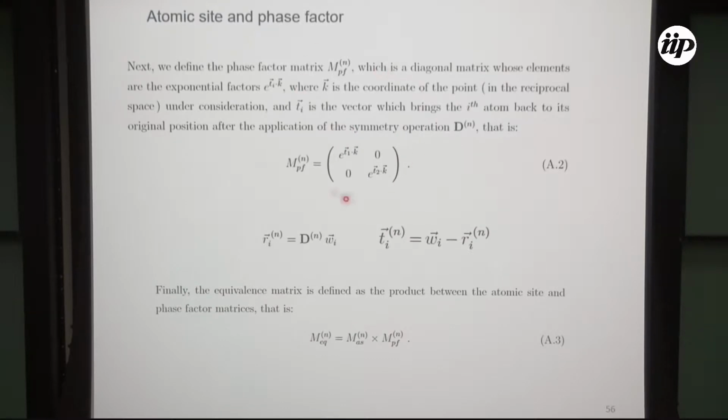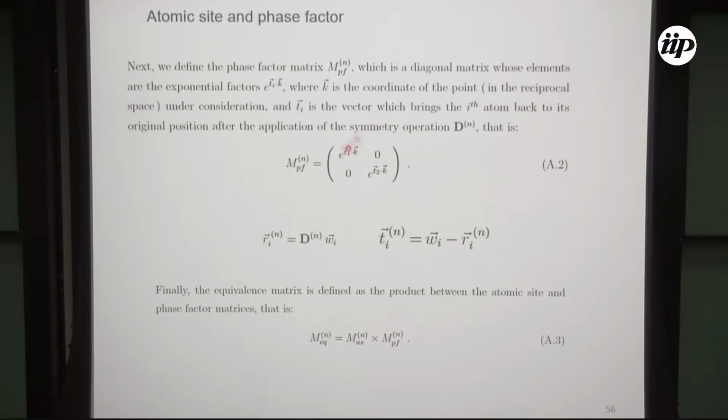So when we do this atomic site analysis, if we are at the gamma point, this is okay. But if we are analyzing a symmetry outside of the gamma point, there's a phase factor, okay? And this phase factor matters because you are modulating your network with that phase factor.